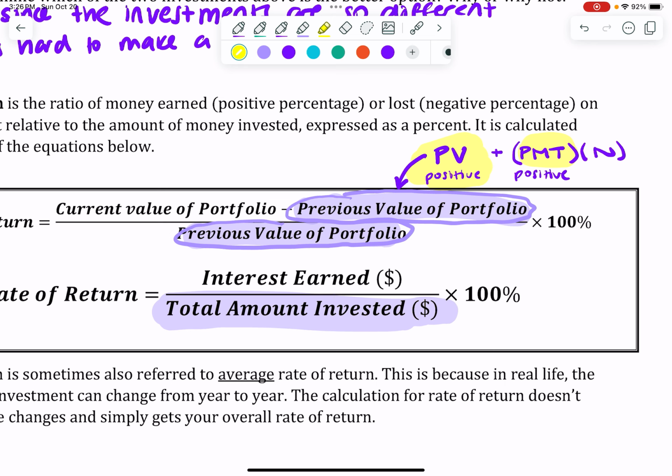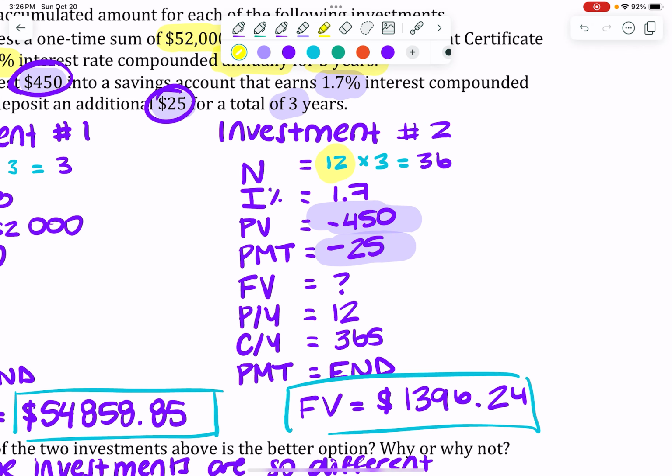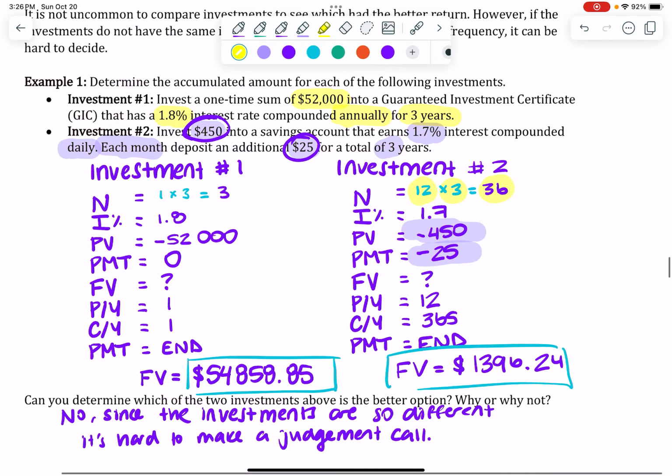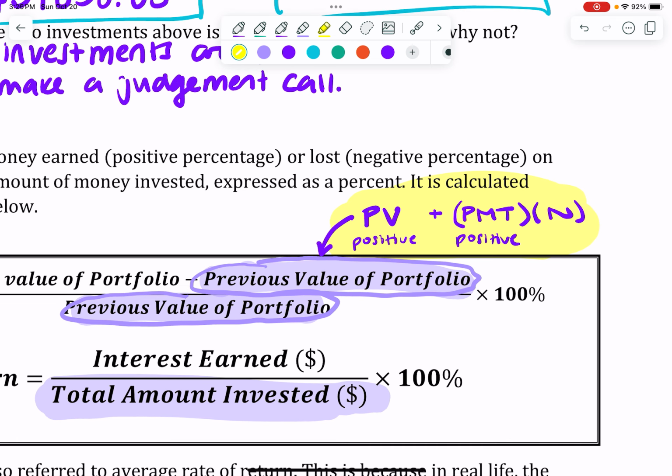N stands for the total number of payments, right? In this example above, I make payments 12 times a year for 3 years, meaning a total of 36 payments, okay? So this shortcut way to calculate it is going to be an important thing for us to remember, because it'll help us always calculate the total amount invested, which is identical to the previous value of my portfolio.